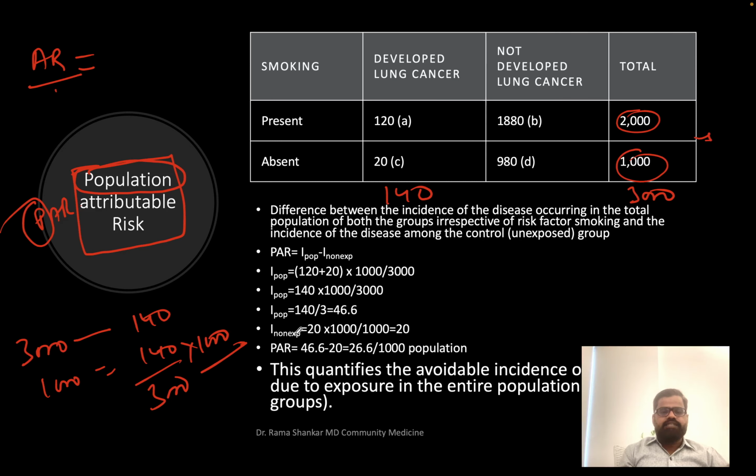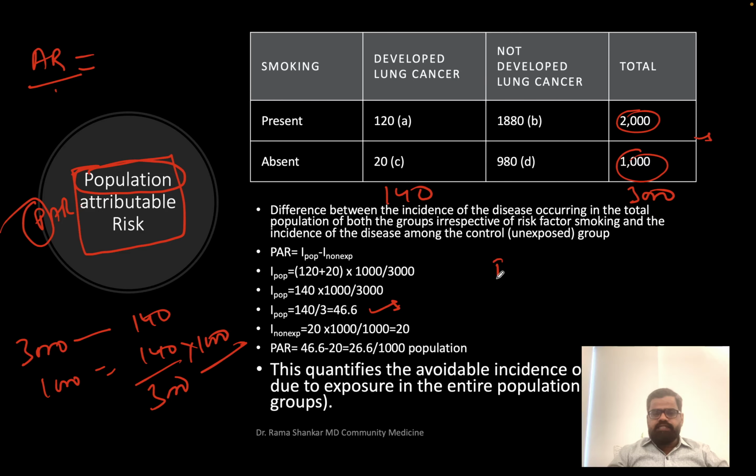I get incidence in population as I have calculated here, it is 46.6. So whether you are smoking or not smoking, total number of lung cancer in this example per 1,000 happens to be 46.6. Means for every 1,000 population, 46.6 people will develop disease.